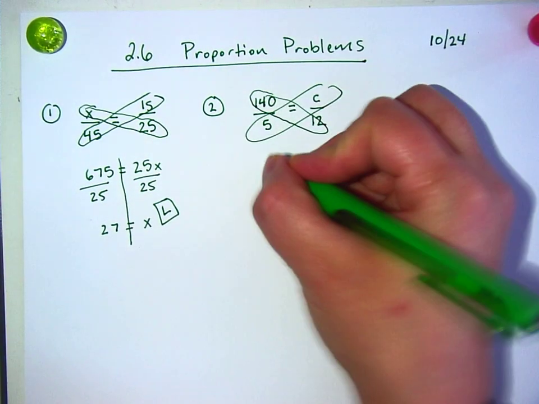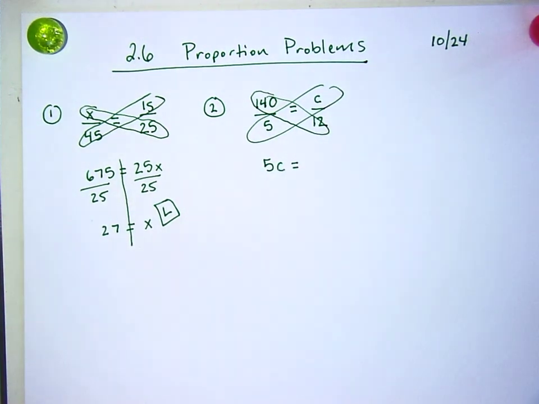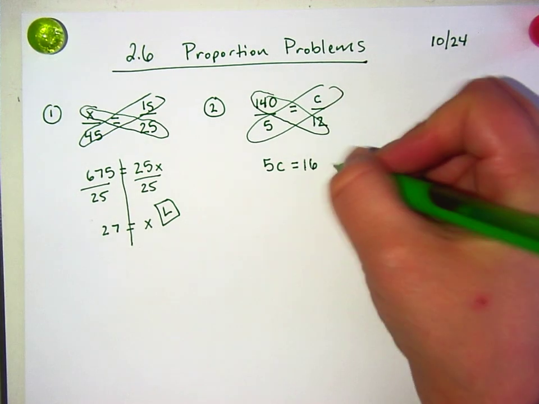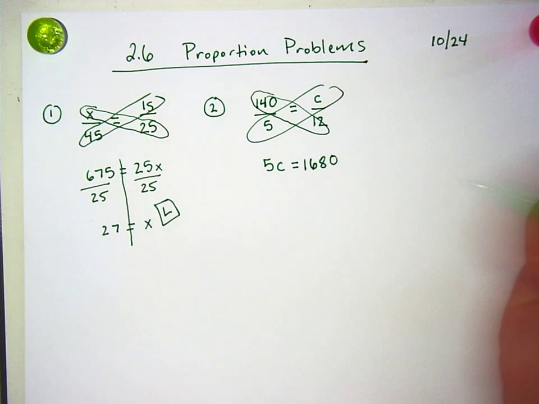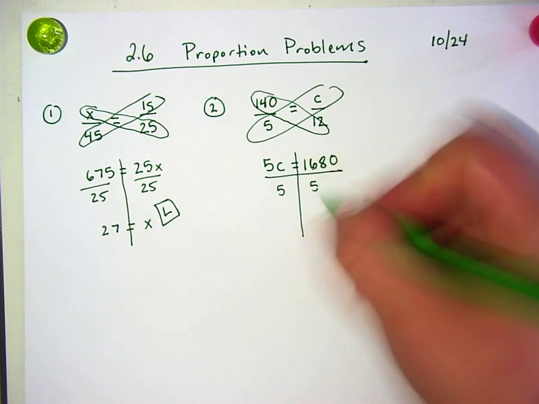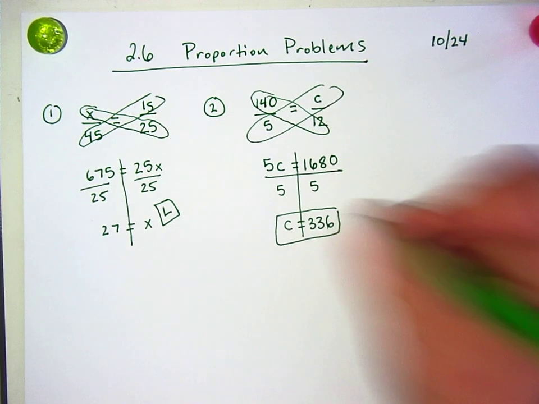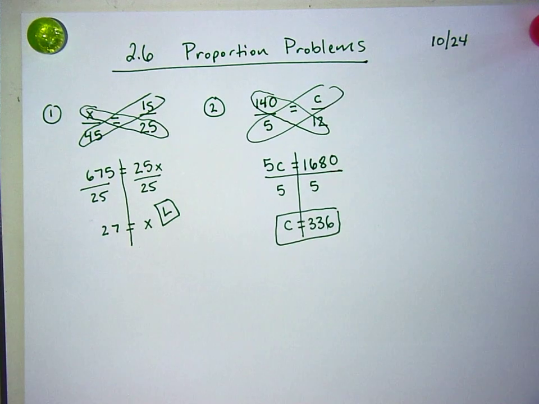Make that butterfly. 5 times C is 5C. 140 times 12 is 1,680. Now what do we do? Divide by 5. 336. Was it I, like iodine? Okay, so we did I and L so far.